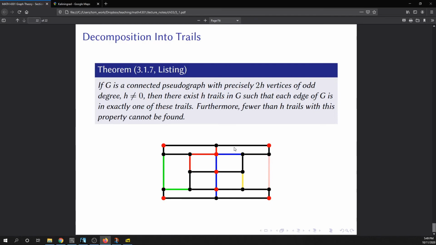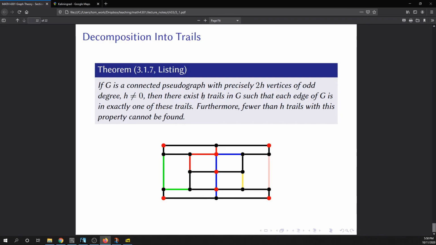I colored the odd vertices black and the even vertices red. Here you can see we have 1, 2, 3, 4, 5, 6, 7, 8, 9, 10, 11, 12 odd vertices.